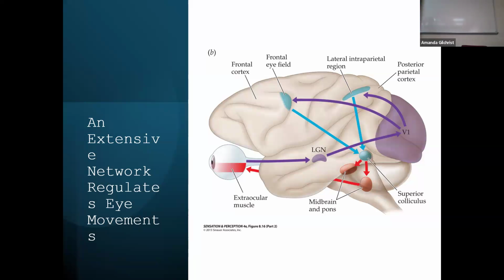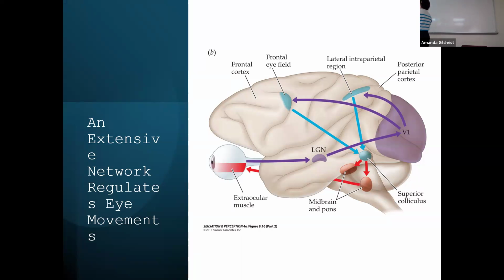In particular, the midbrain and brainstem eye movements are often going to be for very reflexive things. So if somebody calls your name, your eyes are going to turn towards them. There are different types of eye movement reflexes that you and I have, and the brainstem and the midbrain are largely going to be in charge of those.